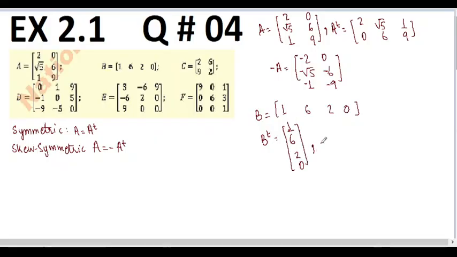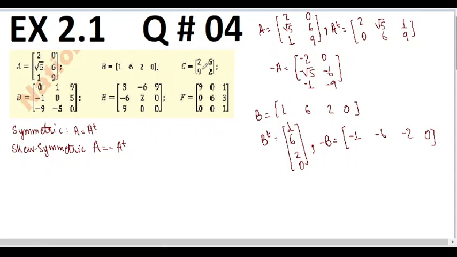And then we are going to find minus B, which is equal to, all the element signs are changed, so we get negative 1, negative 6, negative 2 and 0 remains 0. So minus B and B transpose are not equal, so it is not skew symmetric, and B is not equal to B transpose, so it is not even symmetric, so it is neither of them.